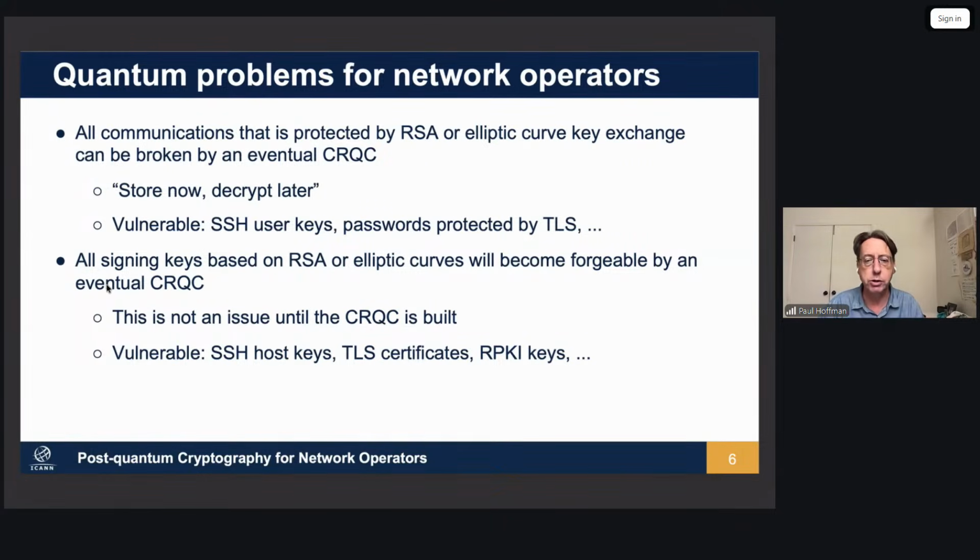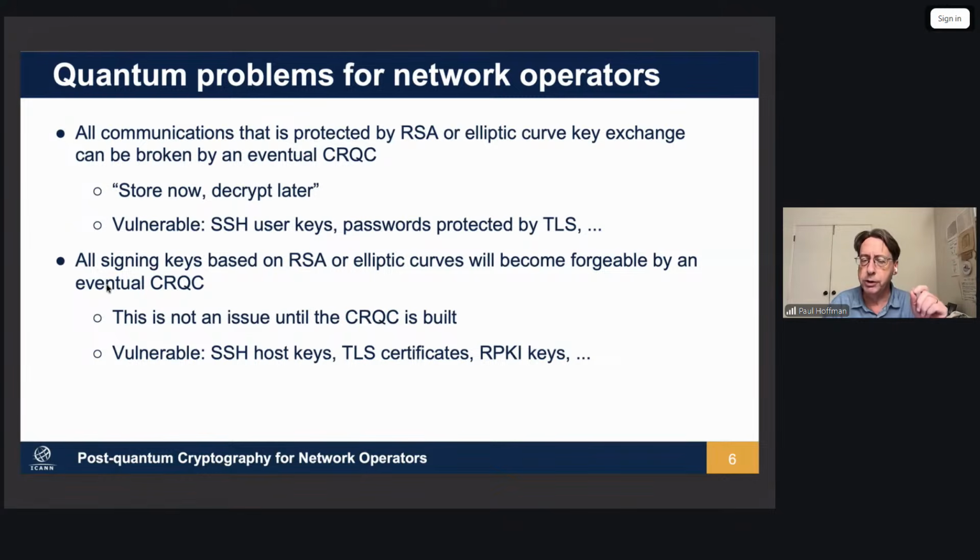We have these trust structures, for TLS, RPKI, which is very important to many of the people in the room. We have a way of trusting the RPKI certificates. Once a cryptographically relevant quantum computer is built, someone can do impersonation like that. So these are the two main classes that network operators should be concerned with.